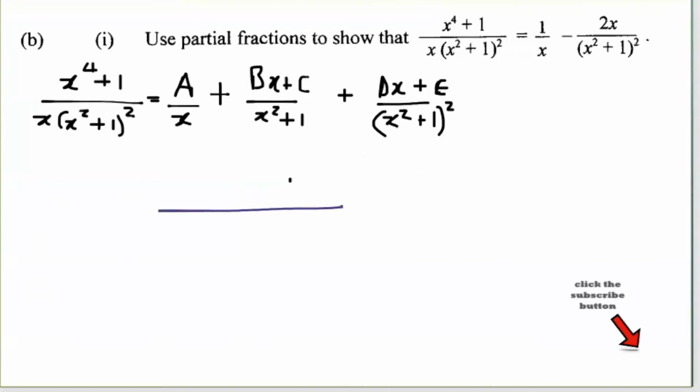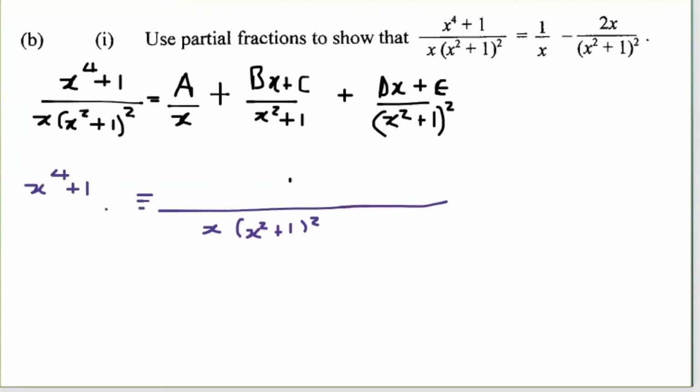Now I am going to find the LCM. So the LCM for this will be x times x squared plus 1 all square. Now if you're wondering, how is it that I am getting such information, I'm just going to show you. So how did I get x times x squared plus 1 all square?